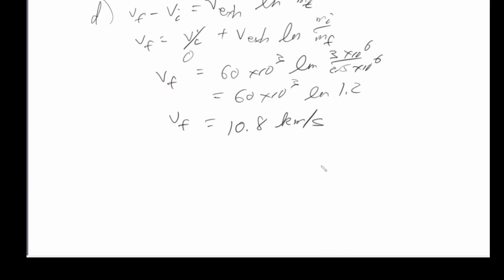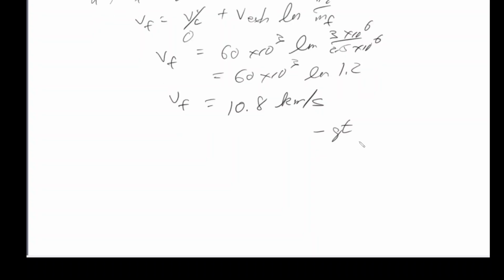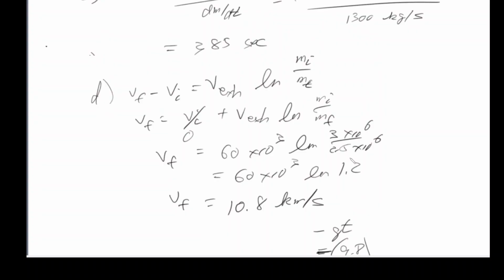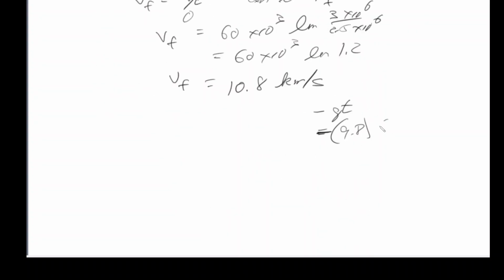Now that's in space where there's no force of gravity. If this was during liftoff, we would have to account for that in the final velocity. So we would subtract gt, the negative velocity due to gravity. So it would be minus 9.8, and the time we found till burnout is 385 seconds.